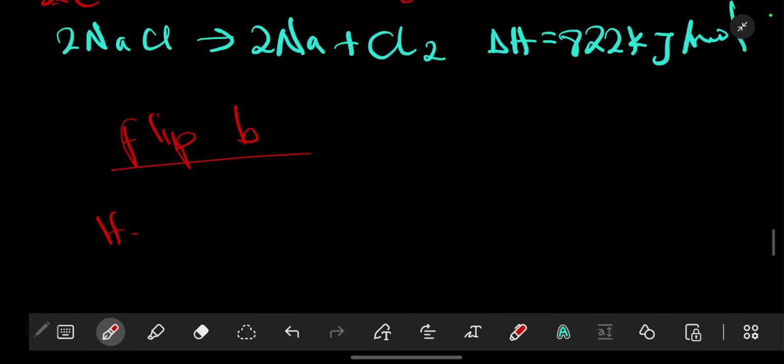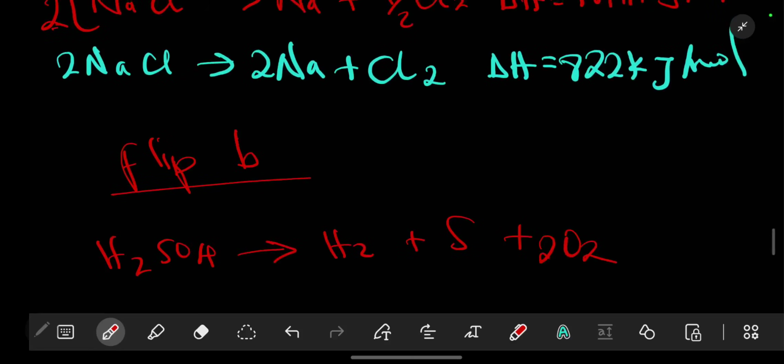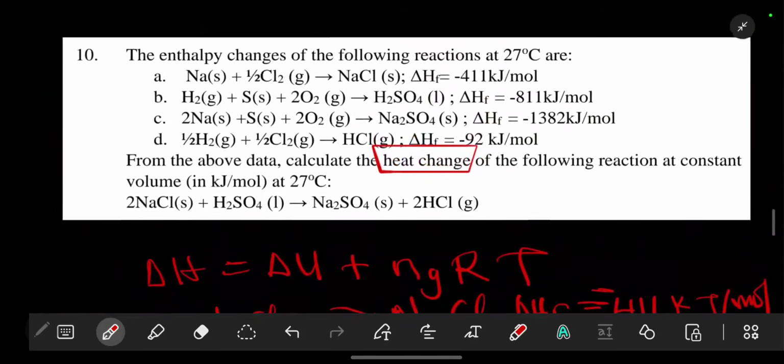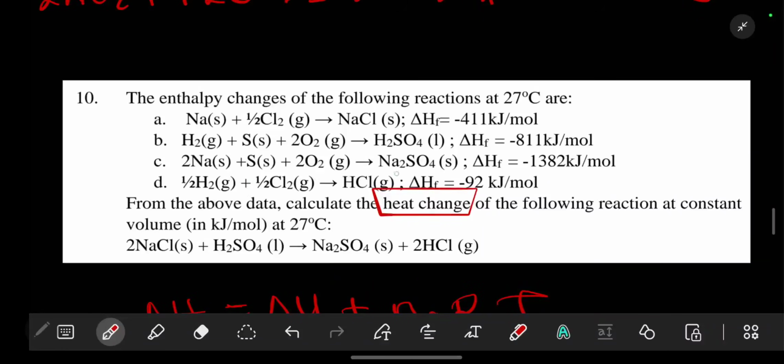So we have sulfuric acid, so that is us flipping that equation, and it should be able to become our hydrogen gas plus our sulfur plus our oxygen, which is our O2, like this. So now the equation is balanced just the way it was.